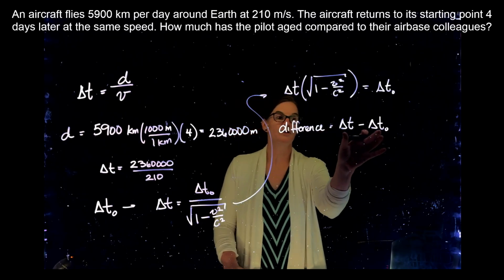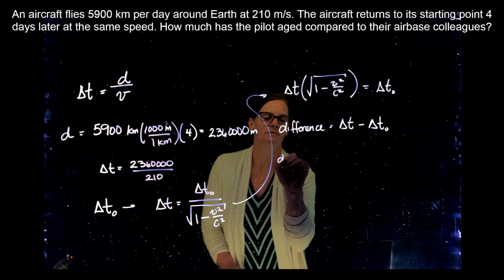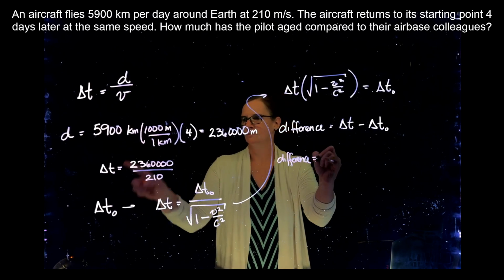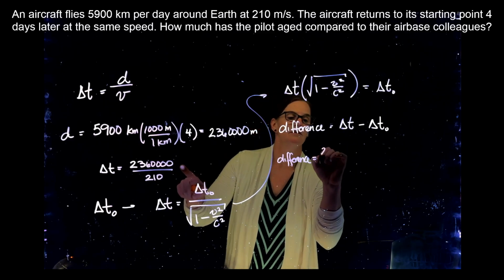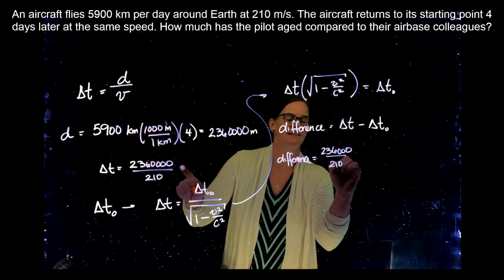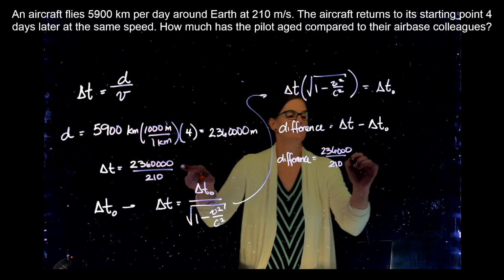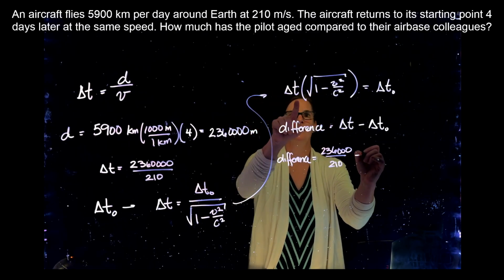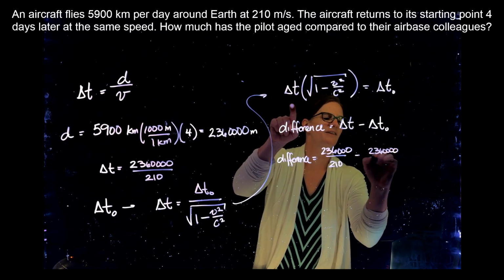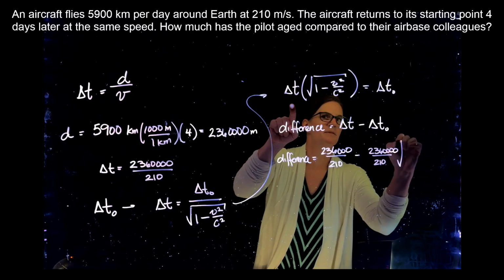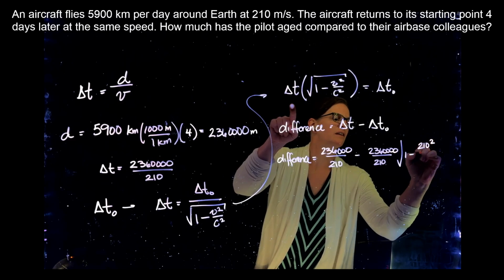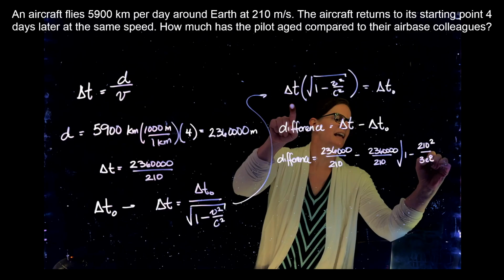So our answer is equal to 236,000 over 210, the time the person on Earth ages, minus 236,000 over 210 times the square root of 1 minus 210 squared over 3 times 10 to the 8th squared.